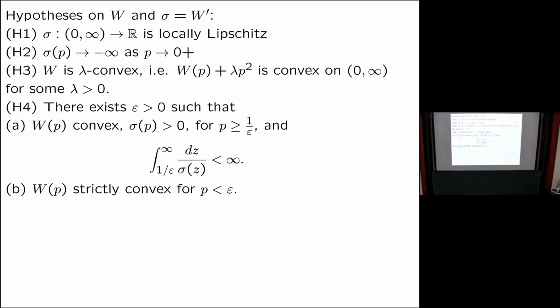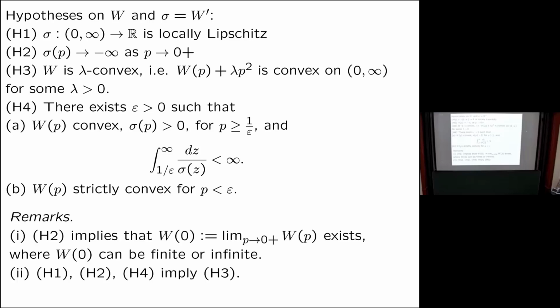Okay, so the hypotheses, and so H2, this one here, of course, implies that the limit of W(P) as P goes to 0 exists, but it could be finite or it could be infinite.